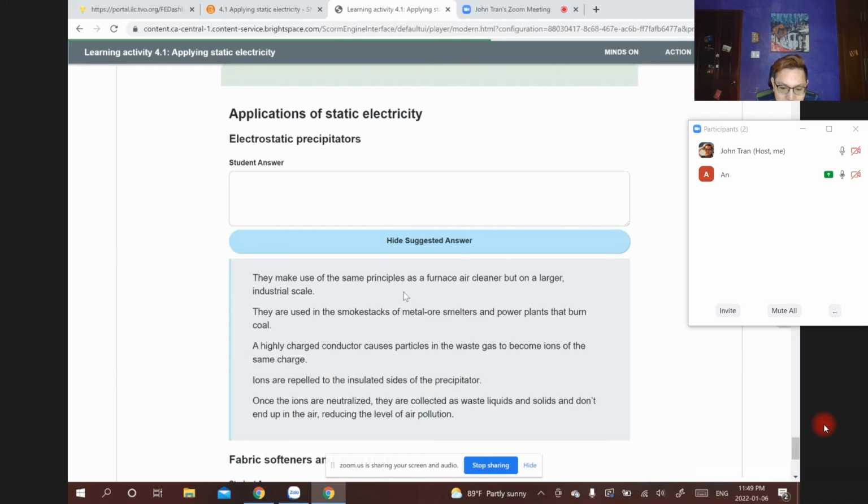A high charge conductor causes particles in the waste gas to become ions of the same charge. Ions are repelled to the insulated side of the precipitator. Once the ions are neutralized, they are collected as waste liquid and solid and don't end up in the air, reducing the level of air pollution.